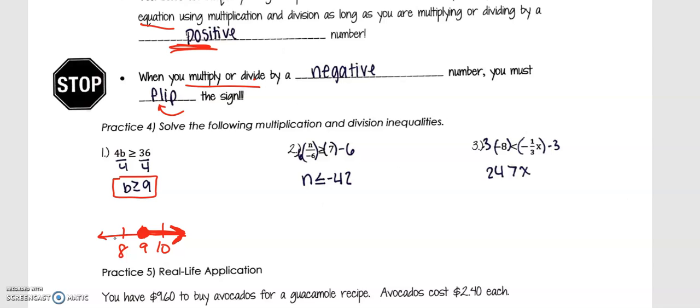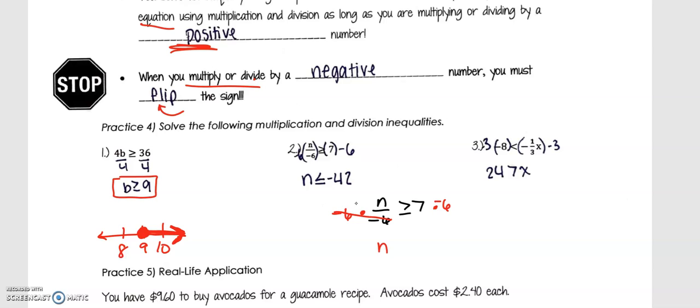This one, how about I rewrite it over here so we can see it a little bit better. It says n divided by negative 6 is greater than or equal to 7. So I need to get this n by itself. How we get rid of that negative 6 is I multiply both sides by negative 6, because then these are going to cancel and I'll be just left with n.